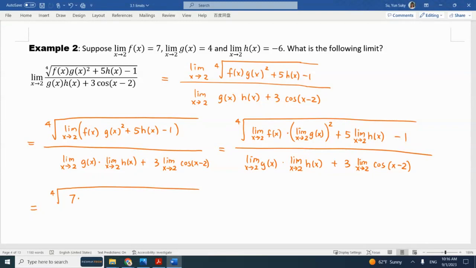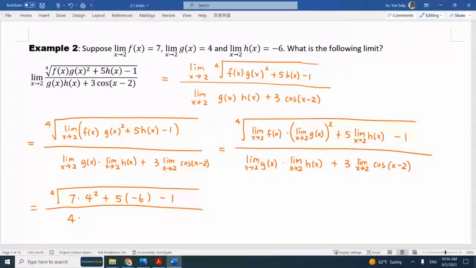Next, what's the limit of g? 4. Do you see the square there? So it's 4 squared plus 5 times, what's the limit of h? -6 minus 1, all over limit of g, 4, right?